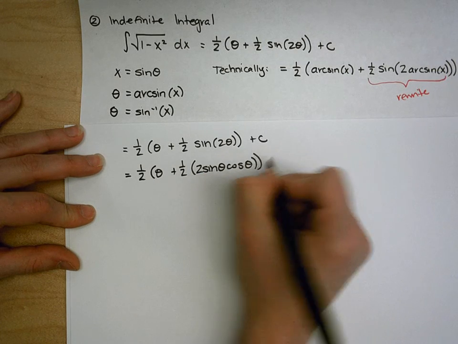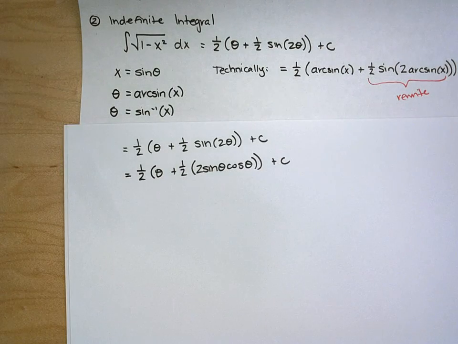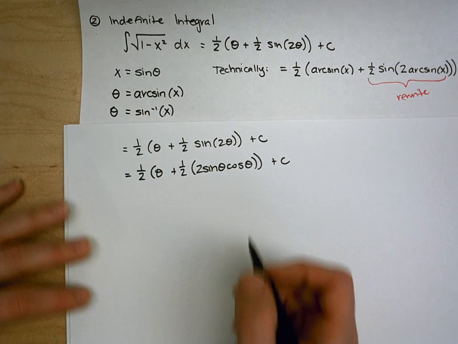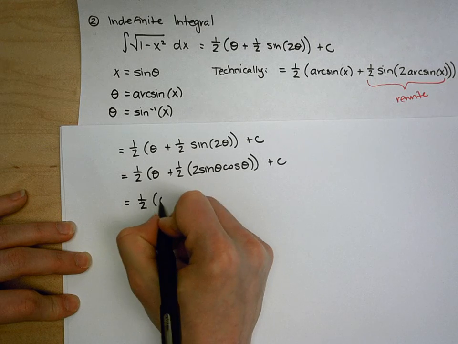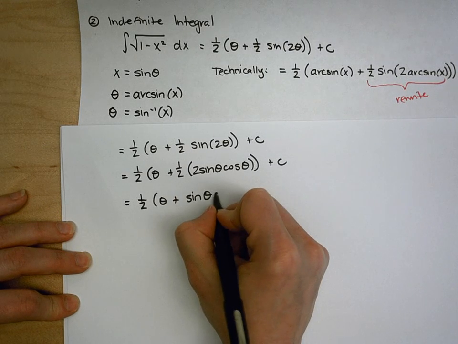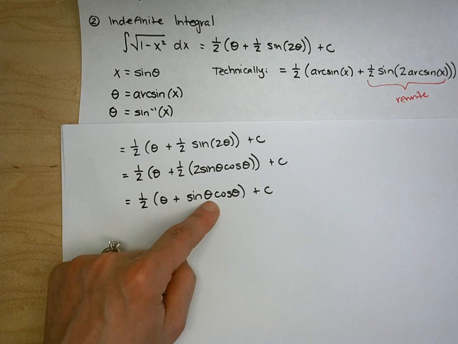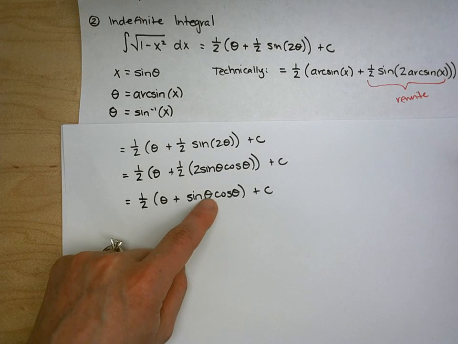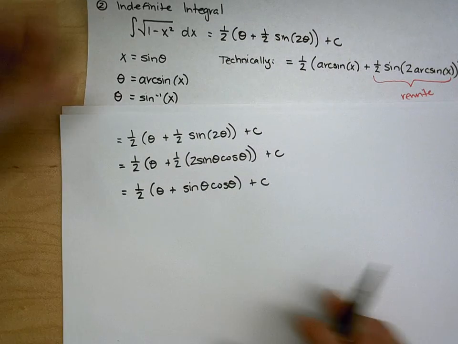Now again, it's okay if you don't have these completely memorized. It's more about knowing when and how to use it. So let's see where that takes us. The 2's cancel, so I get sine theta cosine theta. Now again, I could technically put arc sine x in here and arc sine x in here, but that's not any better than what we had up here.